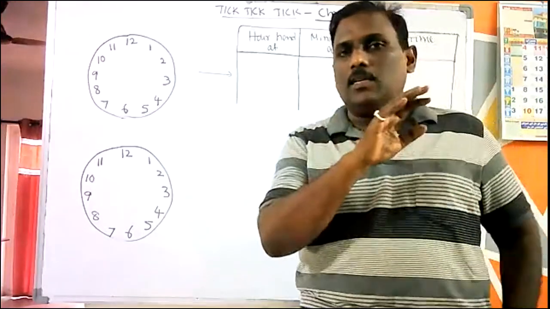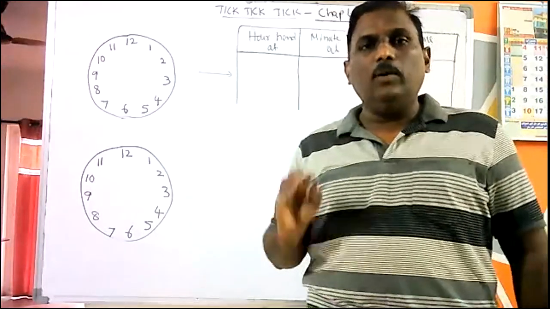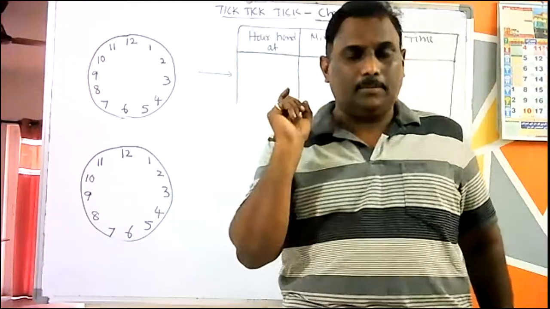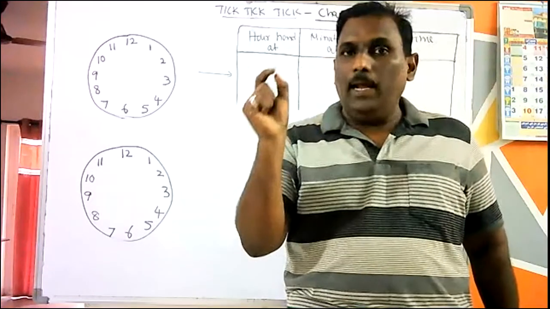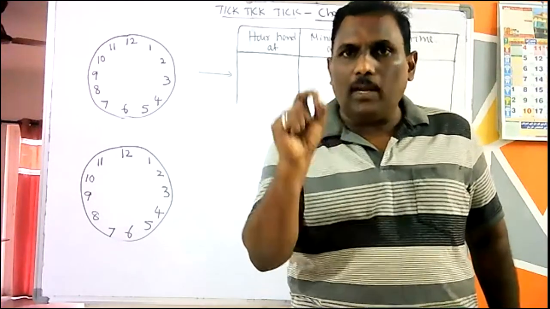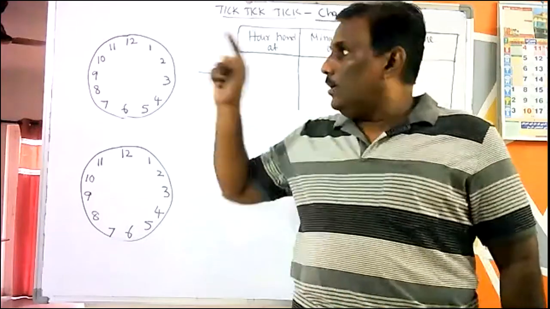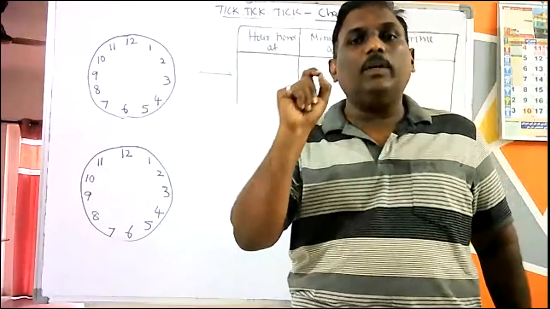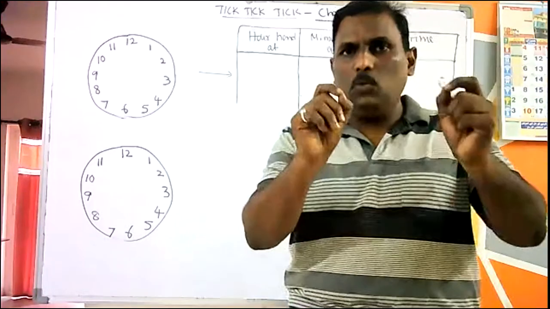For the time being, we are not discussing the seconds hand. We discuss only 2 hands, hour hand and minute hand. Based on where the minute hand is located, we decide the timings. I will give one simple example.